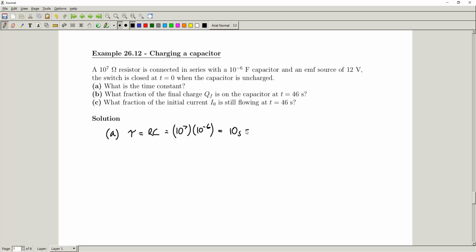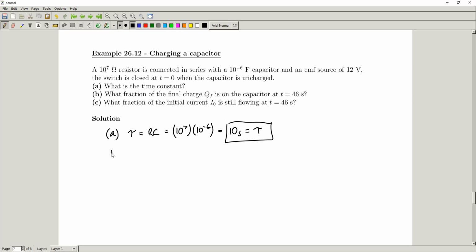That's going to be equal to our tau. Okay, so this would have been 10 to the 7 ohms, 10 to the minus 6 farads. If you do the calculation, you're going to find that you end up with units of seconds, but in the end we know that this has to be seconds because tau is a measurement of time. So tau is a specific time that we give the value RC to. Okay, so we found our time constant here.